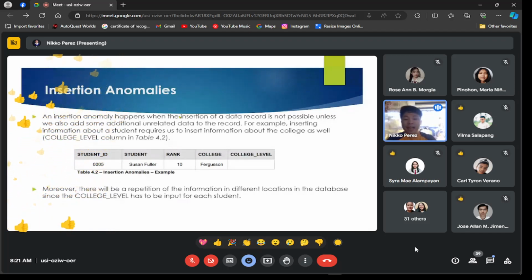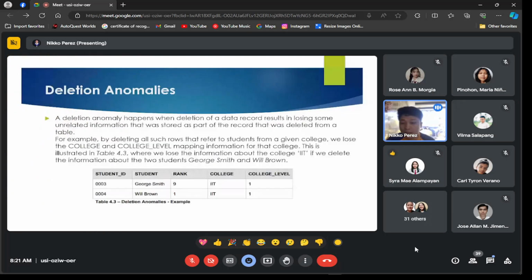Okay, next here is our deletion anomalies. So this will be a counterpart of an insertion, but both of them are anomalies. So let's talk about deletion anomalies. A deletion anomaly happens when deletion of a data records results in losing some unrelated information that was stored as part of the record that was deleted from a table.